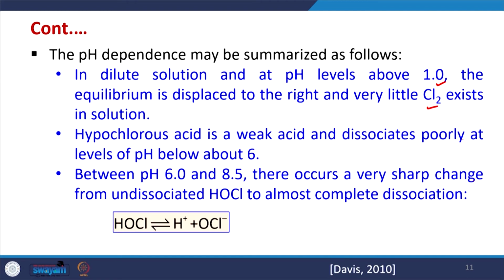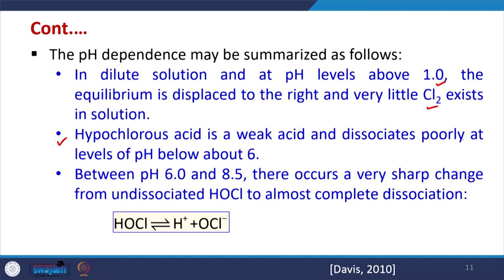So, some amount of Cl2 will be present if the pH is around 1, and after 3 it will totally change. Hypochlorous acid HOCl is a weak acid and it will dissociate poorly at levels of pH below about 6. So, it will not dissociate, that means everything will be in the HOCl form.